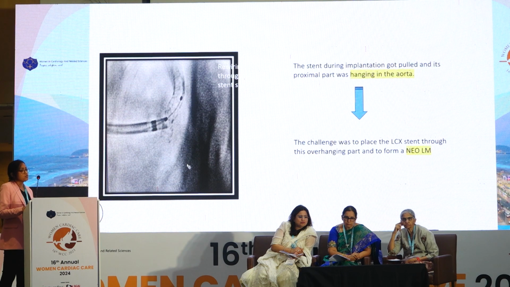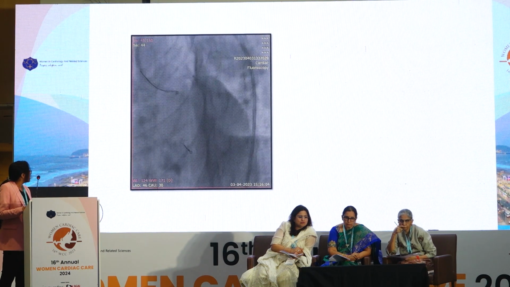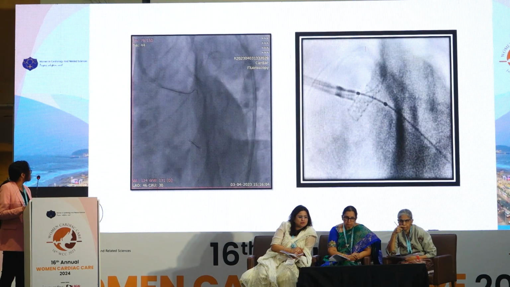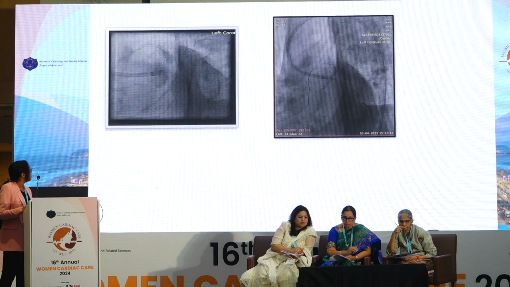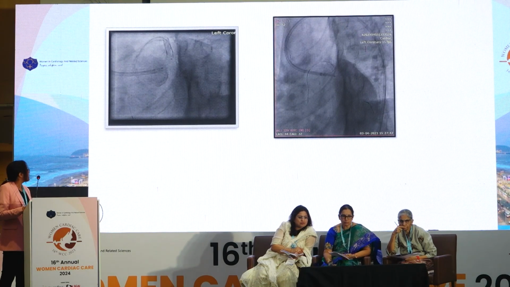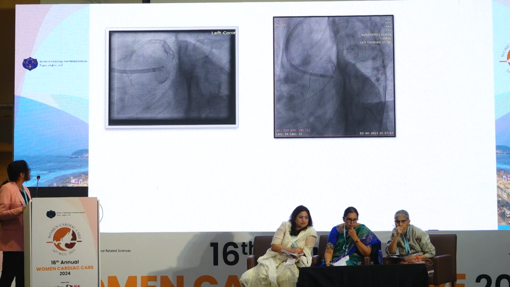So we decided to create a new left main ostia and left main. We rewired the circumflex, and this is how the wire and the balloon went. We dilated the strut, and then we did the proximal optimization of the left main stent.